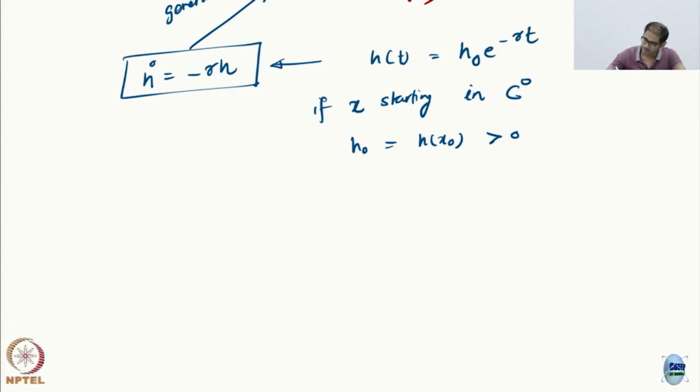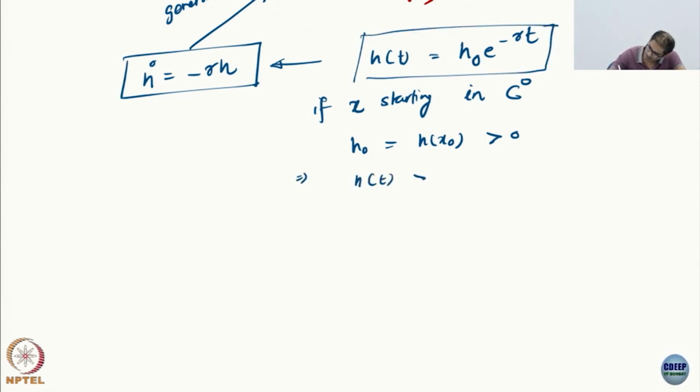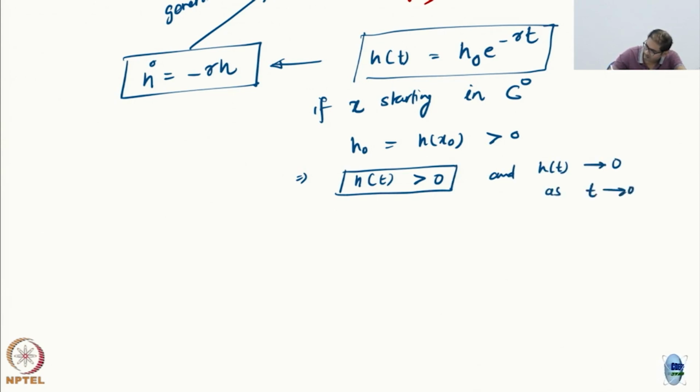So what does this mean? It implies h of t is always greater than 0, and h of t goes to 0 as t goes to infinity.